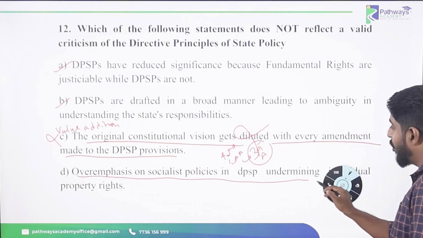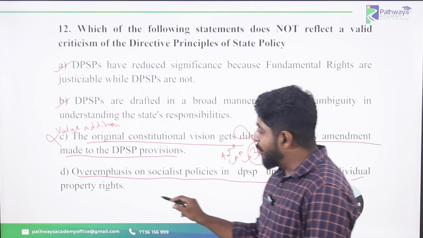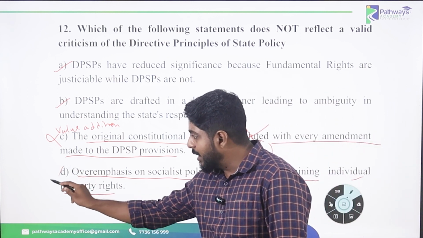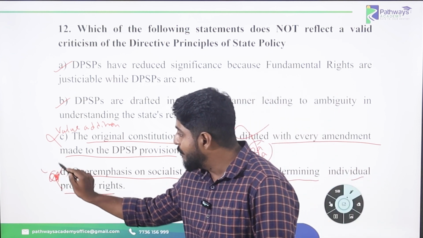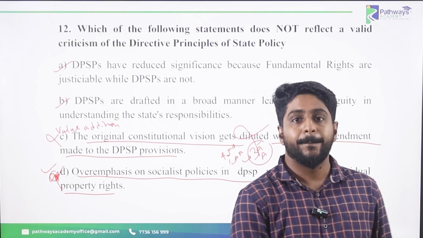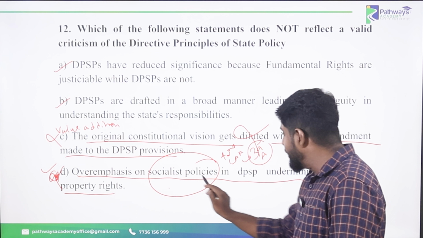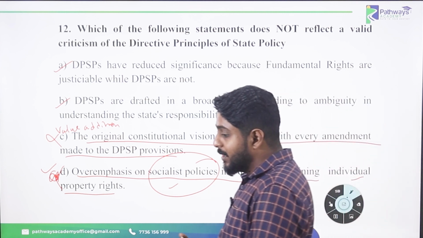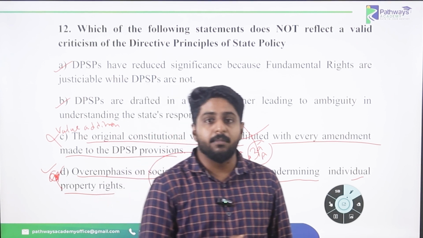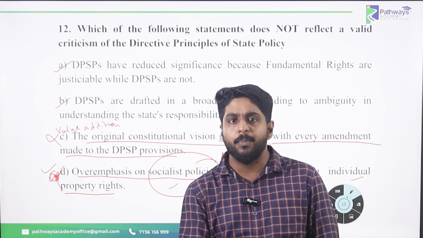Overemphasis on socialist policies in DPSP, undermining individual property rights. Okay, this is a valid criticism, isn't it? DPSP under article number 39C as well as article number 39B says that the state may acquire the property.